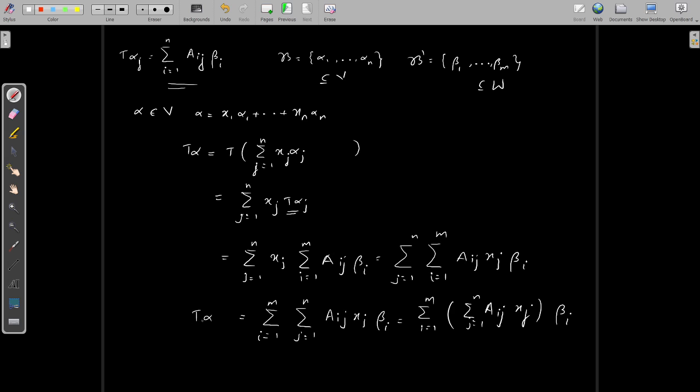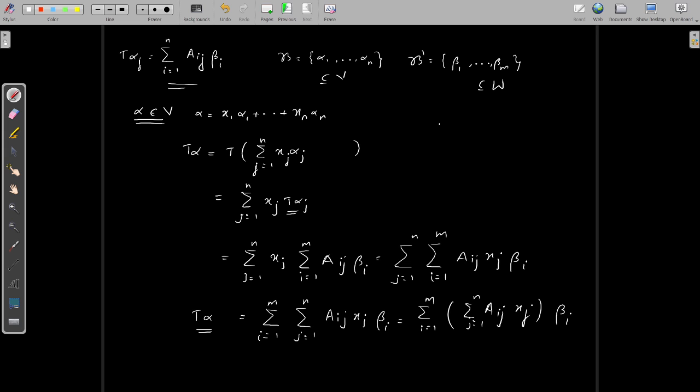Any T alpha can be expressed as a linear combination of these beta i's. Yes, if you start with alpha from V, you can get T alpha. The corresponding T alpha is in W, and that can be expressed as a linear combination of beta i involving some coefficients. So these coefficients are called the coordinates of this T alpha with respect to B prime.